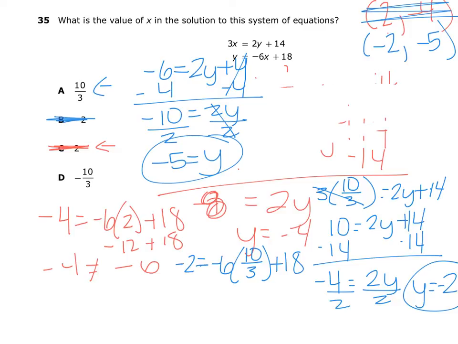So we're going to say negative 6, parentheses, 10 divided by 3, close parentheses, plus 18. It gives me a negative 2 when I type all of that in. So that one works. So our answer is A.